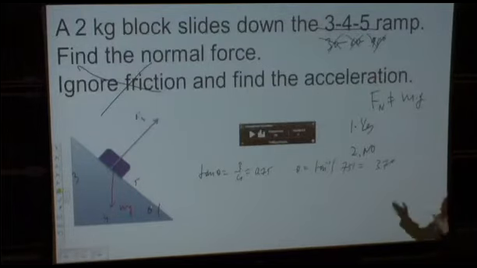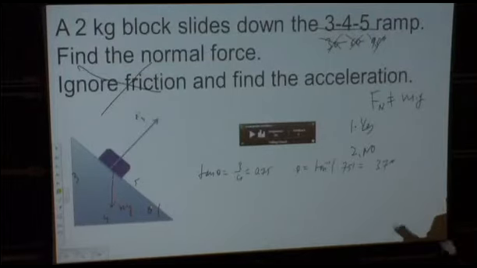Situation number two, at least one force is neither parallel nor perpendicular. Gravity is not perpendicular to normal. Normal is not parallel to gravity. So what do we do? In a case like that, we always replace the bad force, the force which messes it up, with its components.